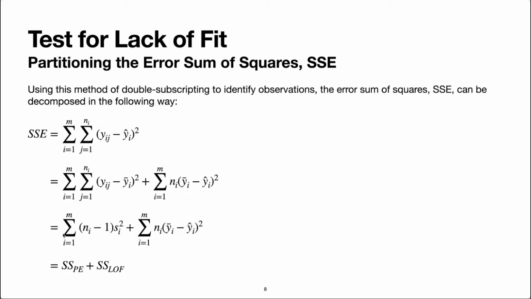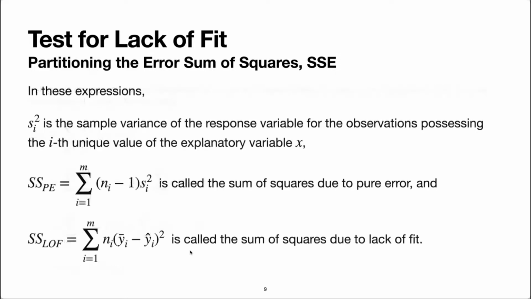Now let me point out that in the second form of the decomposition, we've rewritten this inner summation as n sub i minus 1 times s sub i squared. In that expression, s sub i squared is the sample variance of the response variable for the observations possessing the ith unique value of the explanatory variable x. So that's what that represents.